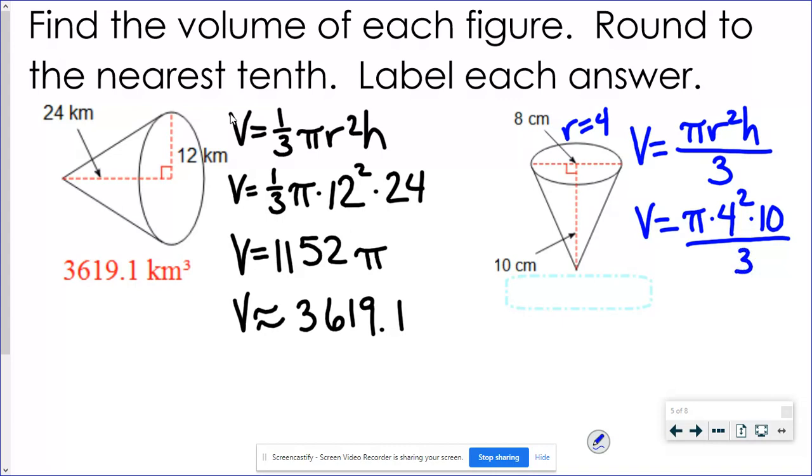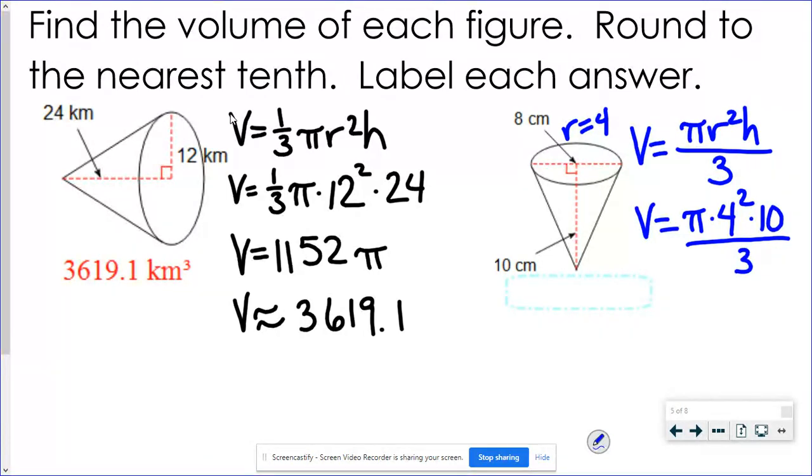Now, 4 squared is 16. That's not divisible by 3. 10, not divisible by 3. So there's really not a nice, easy way to simplify this and get a nice answer at this point. So I would do the 4 squared is 16. 16 times 10 is 160. I would honestly not write 160 over 3 times pi. That to me doesn't seem like a very nice answer anyway.